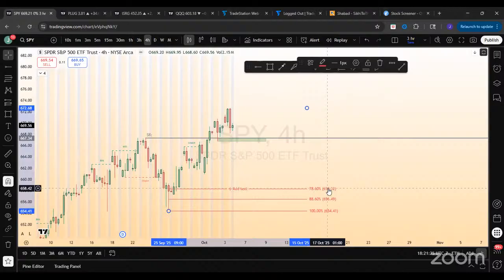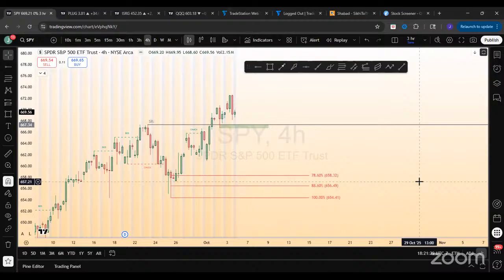But you're saying 78 and 88%. No, I have seen crazy reversals at 78.6. Is it like these levels are only for index trading, or does it also apply to stock trading?